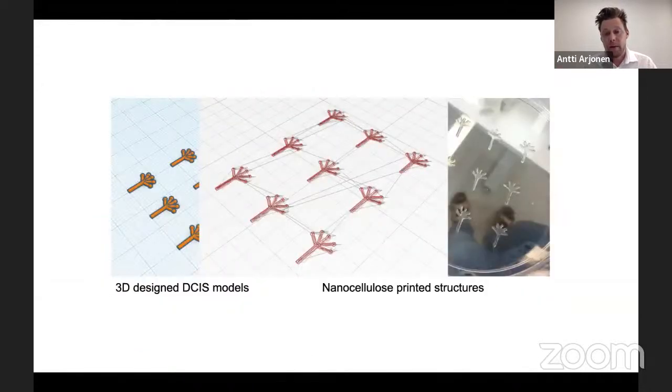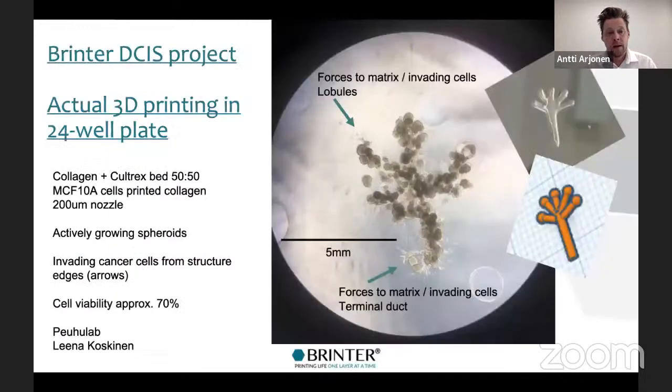For example, here we designed a simple model, replicated that with a 3D printer and saw what the reaction of the cell lines is when printed. Based on the model, for example here in the middle, you can see that the cell lines grow very well.